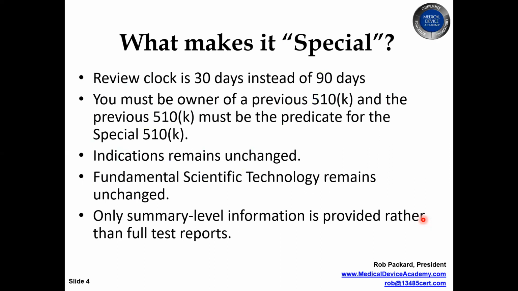Number one, and this is the most important thing, you have to be the owner of a previous 510K, and that is the predicate for this new submission, and you're making a minor modification to that submission. So that's the definition of a special 510K. So if you don't have a previous 510K, just because it's similar to somebody else's doesn't mean you can use this route.